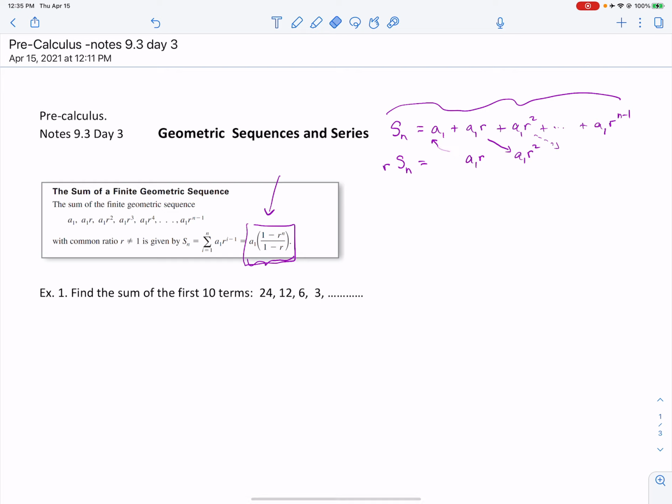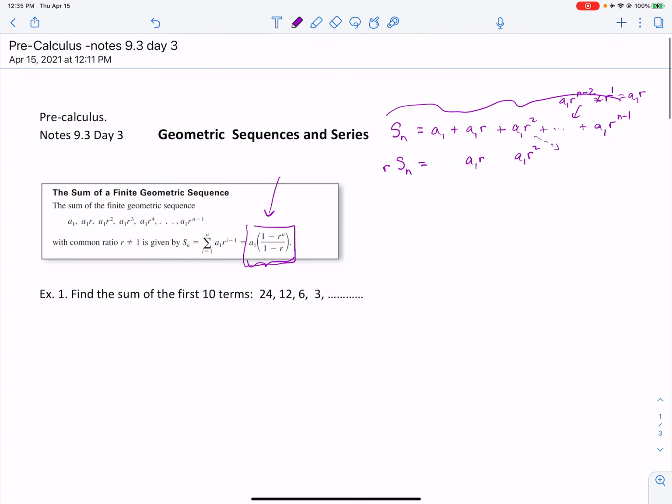And so we're getting similar looking terms, and the term right before the last one would be a sub 1 r to the n minus 2. If I take that times r, I add exponents, and n minus 2 plus 1 is n minus 1.